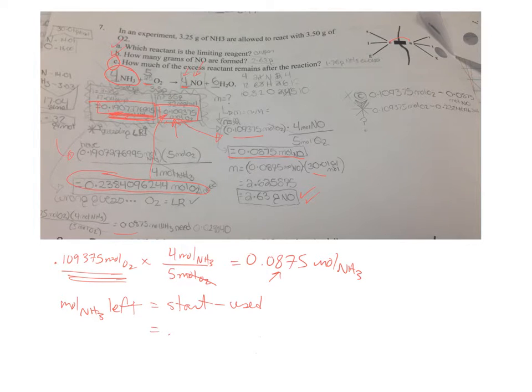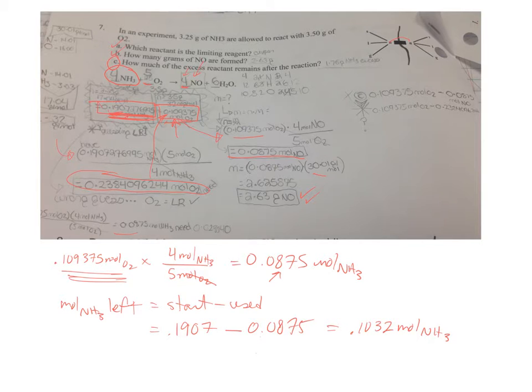So I'm starting with 0.1907 plus some stuff, minus 0.0875. So let me figure that: 0.1907 minus 0.0875 equals 0.1032. That's moles of ammonia.